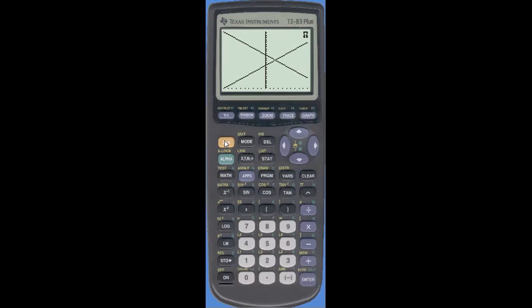So then I'm going to go to second, trace, and I'm looking for the intersection. So second trace, intersect. And it asks, is this your first curve? That's my first line. That's my second line. Where do they become friends? They become friends at x equals 2.3 and y equals 24.1.